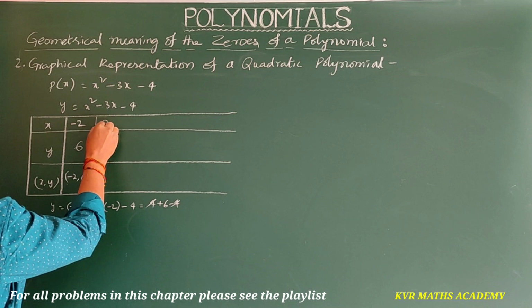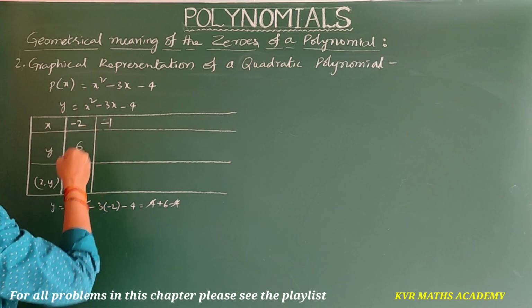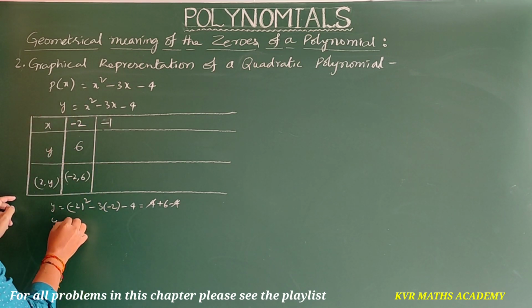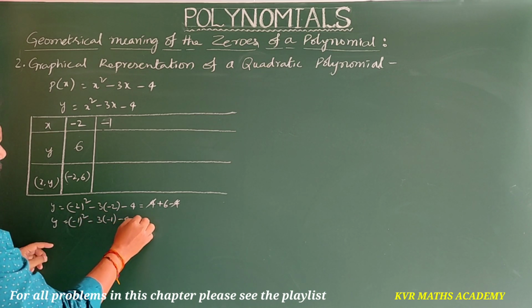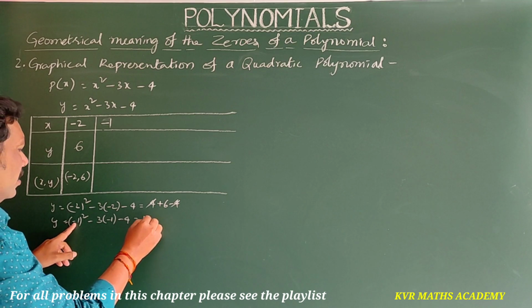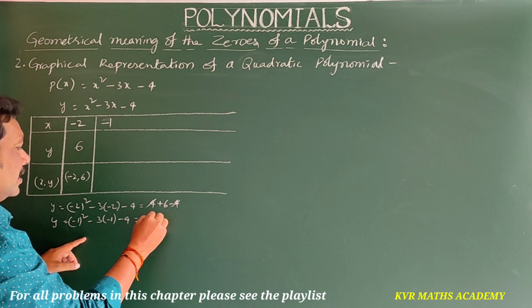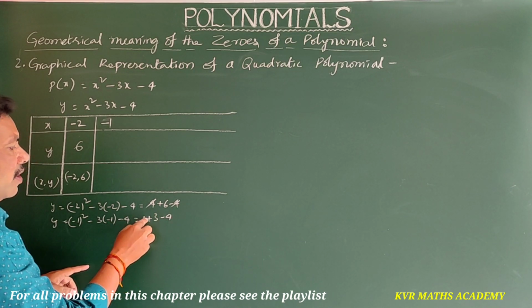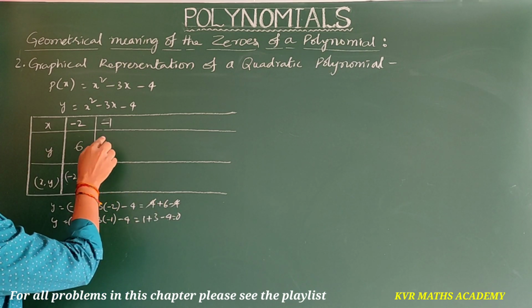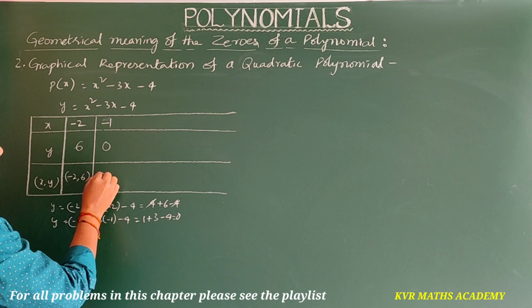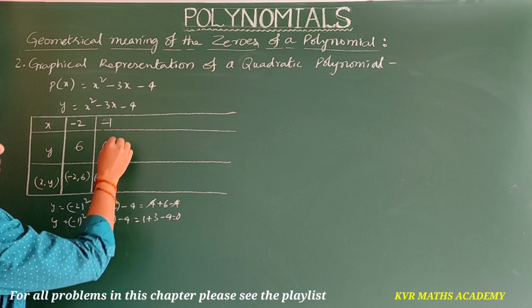Next take minus 1. Substitute here y is equal to minus 1 whole square minus 3 into minus 1 minus 4. That is 1, minus into minus plus 3, minus 4. So 1 plus 3 is 4, 4 minus 4 is 0. So here the y value is 0. So x coordinate minus 1, y coordinate is 0.